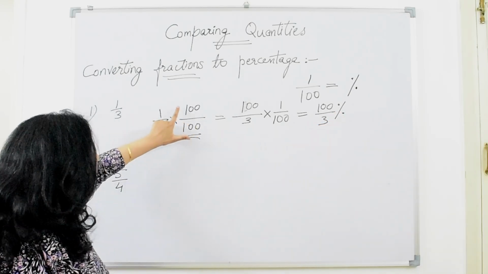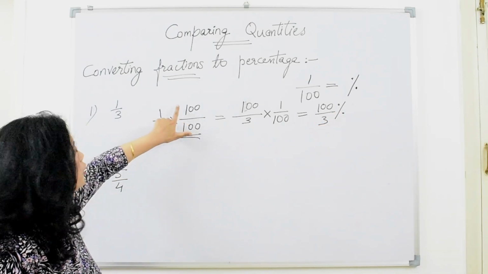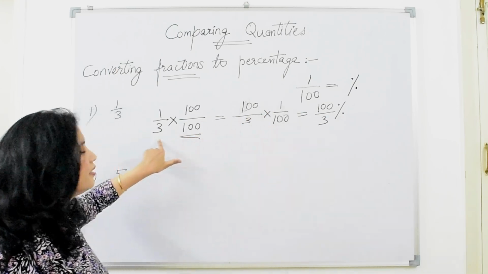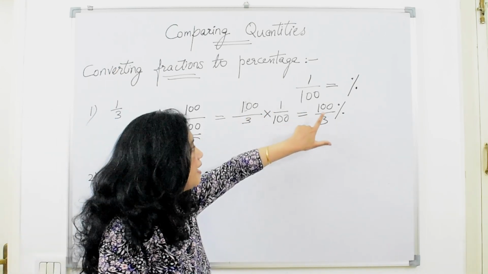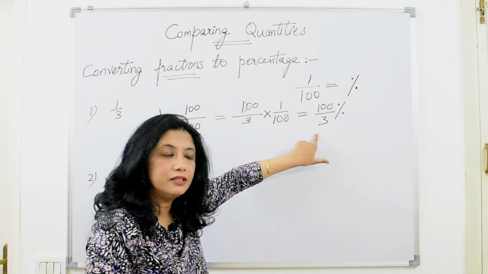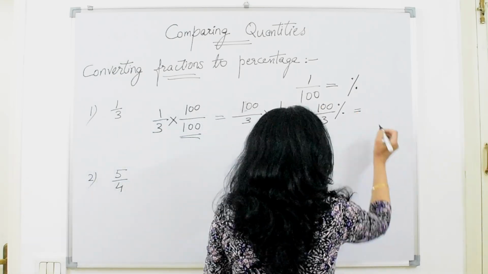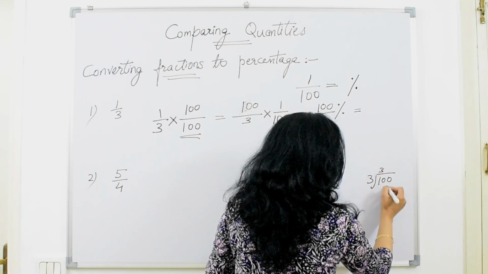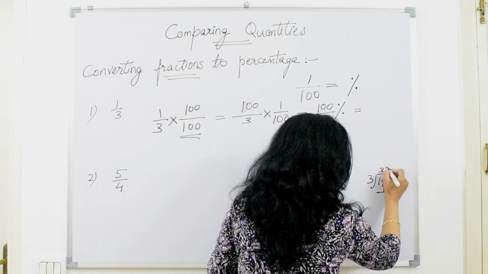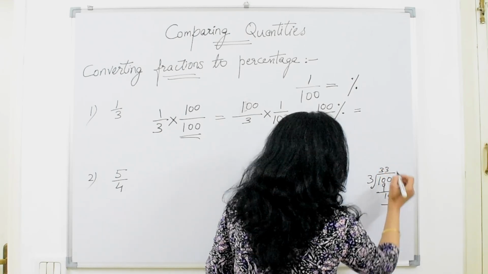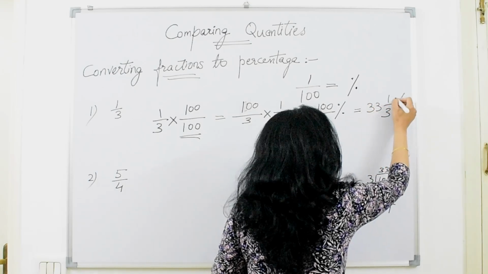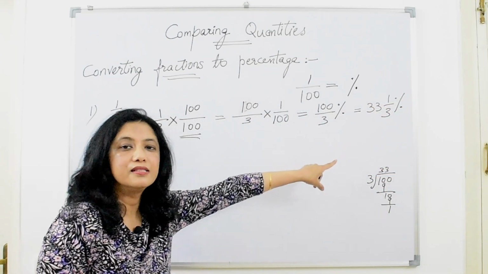We multiply 100 both in the numerator and the denominator, then we separate 1 by 100, and we get this. Now we will solve it further. When we divide 100 by 3, what do we get? 33 1 by 3%. So this is our answer.